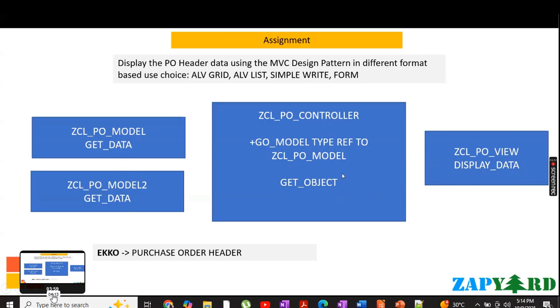The important thing over here is the model class and the controller class. In the controller class, under the attribute section, you have to define attributes type ref to the different models you have. This is the important point in the MVC design pattern.